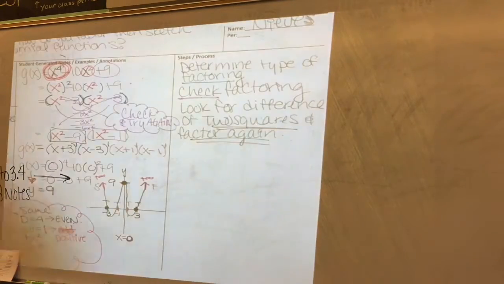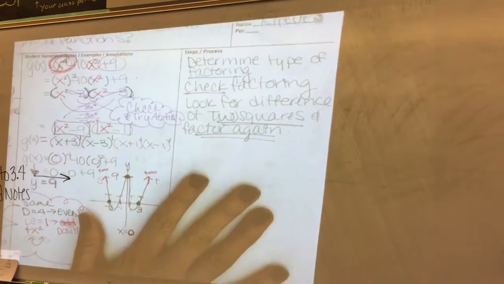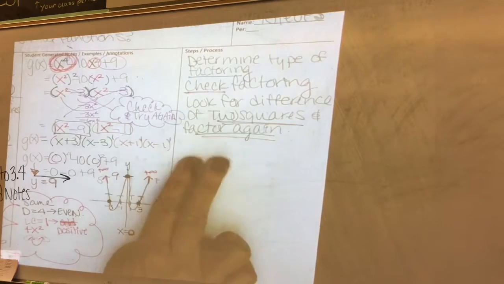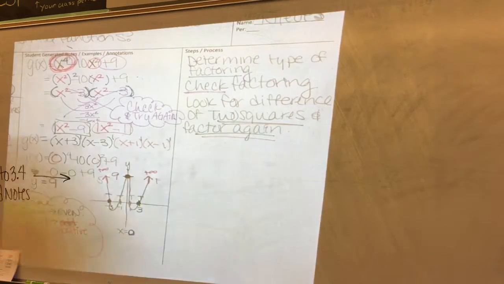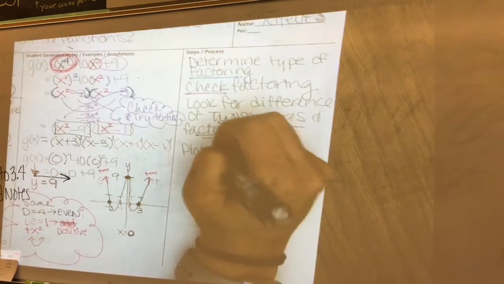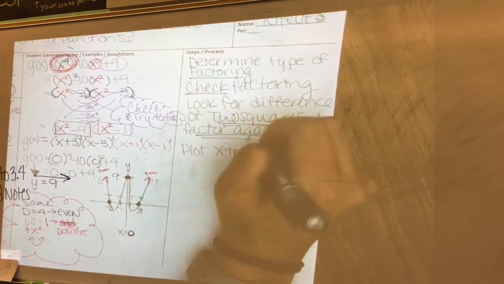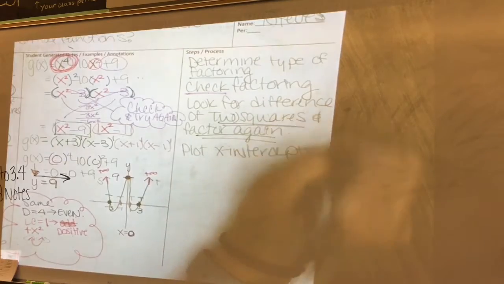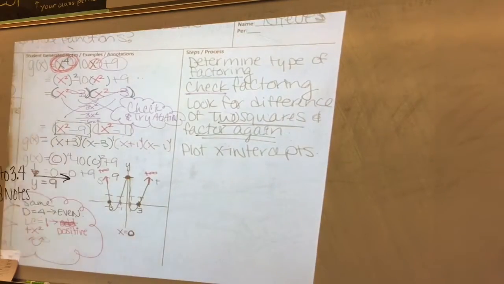Okay, and so then I factored it completely, and then I plotted my x-intercepts. Okay, and I did that here with the green and the pink again.